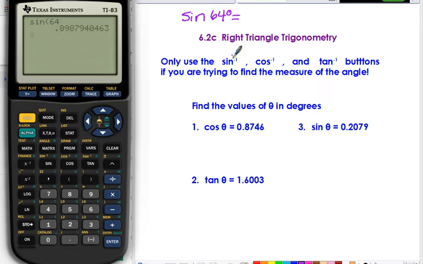Sine of 64 degrees, we type it in and we get 0.8987. But what if I know this number over here, the value of the trig function, and I want to find the angle measure?